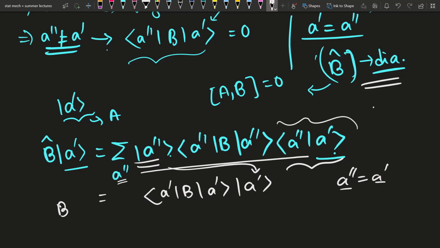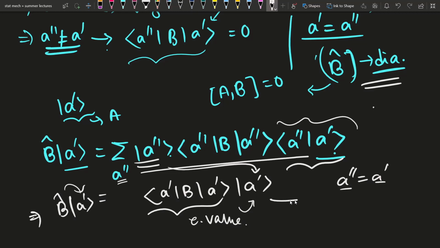So just look at this expression. This is B operating on this eigenket giving some value times this eigenket back. That means this is the eigenvalue, and this is nothing but the eigenvalue equation.